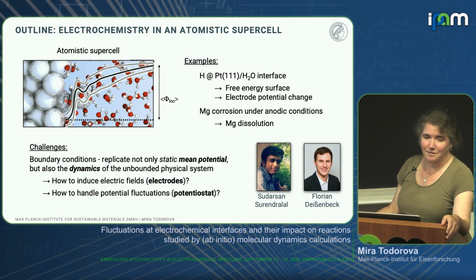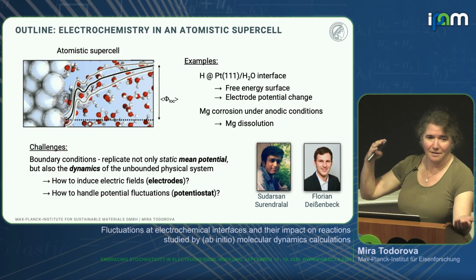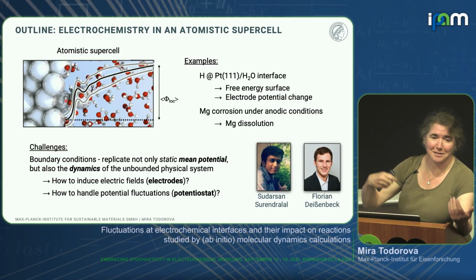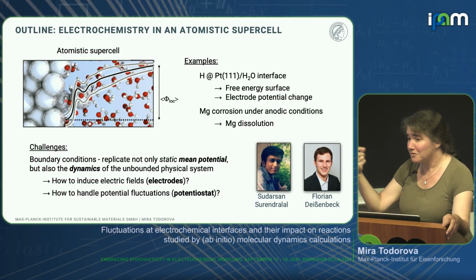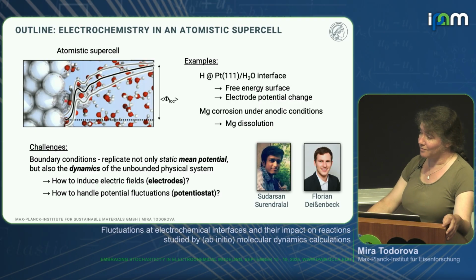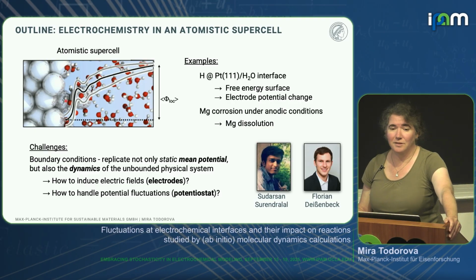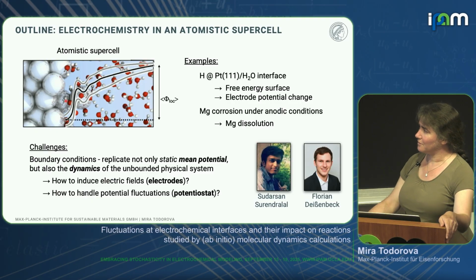And how do we handle potential fluctuations? Because what experimentalists do, they can change the potential, they can have constant potential conditions, they have like a joystick, like changing temperature and pressure in the gas phase. Here they can change electrode potential. And so, if we want to be realistic, we need also to be able to reproduce these things.